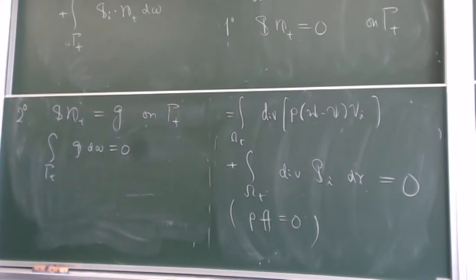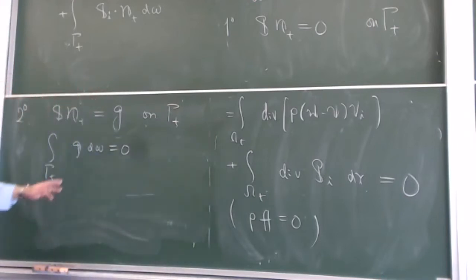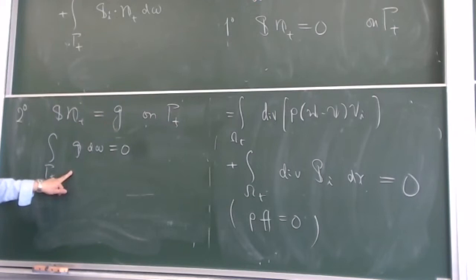Okay. So in some sense, you get some external forces on the boundary. Then in order to keep the conservation of momentum, the external forces on the boundary should satisfy this condition. This is another mathematical requirement.